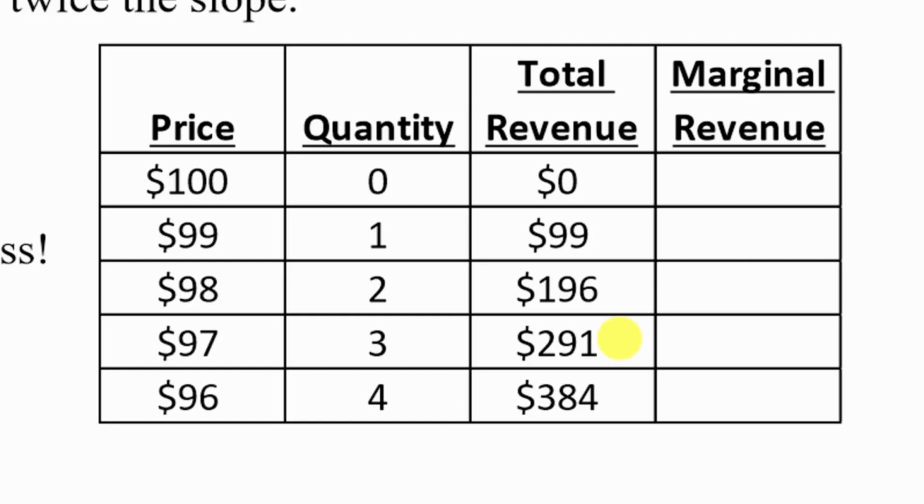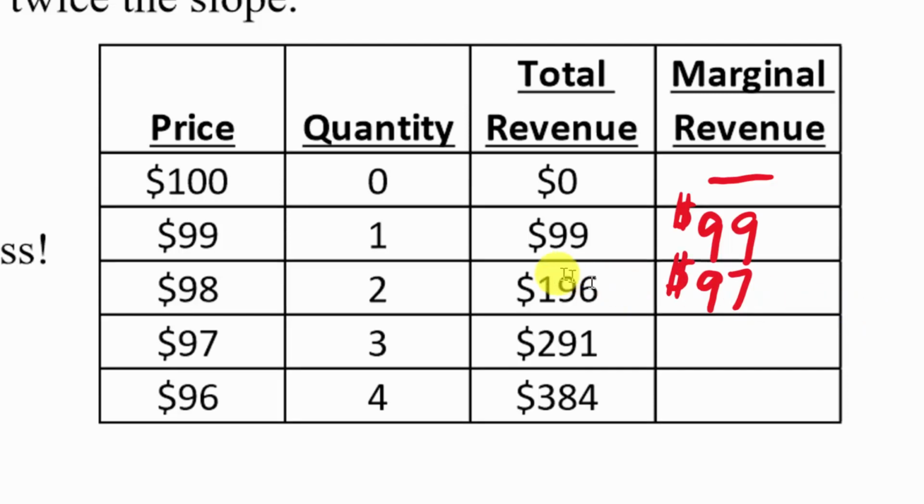Now, as usual, we don't calculate marginal revenue for 0 units, but we want to calculate the additional revenue for the first unit. And when we sell that first unit, our total revenue goes from 0 to 99, so the additional revenue is $99. When we produce the second unit, our revenue goes from 99 to 196, so that additional revenue is 196 minus 99, or $97.